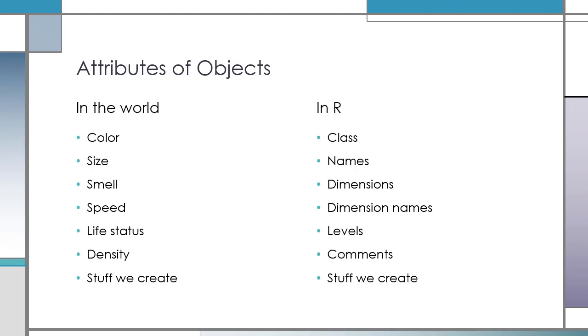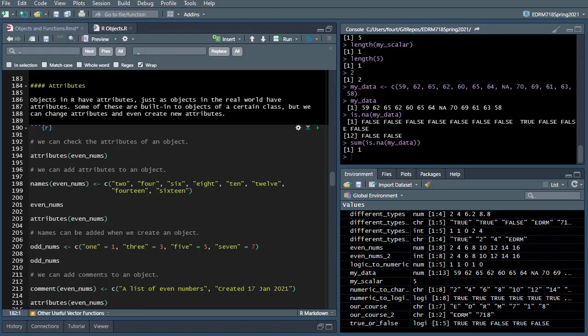Let's do this with vectors. We've been working with vectors. We're going to have attributes of other objects as well, but since we've only been working with vectors so far, let's take a look at the attributes of vectors. Remember our even nums vector.